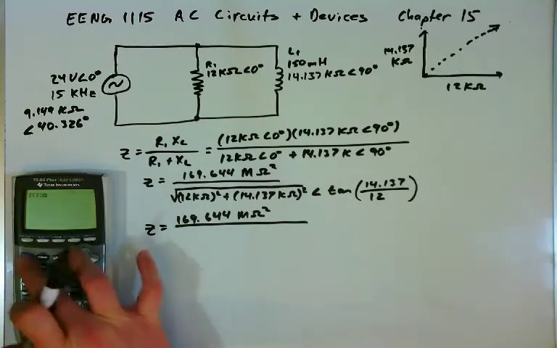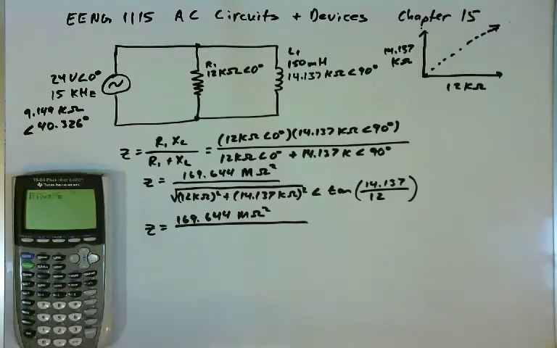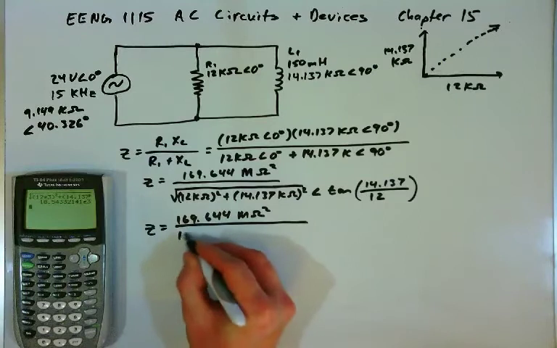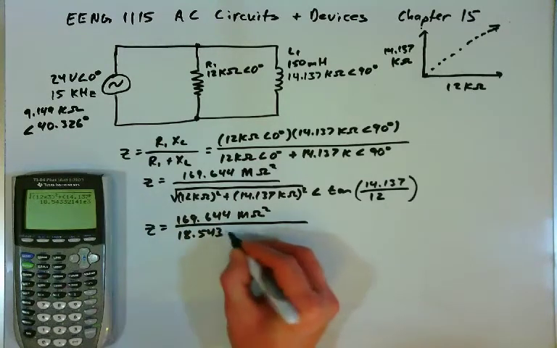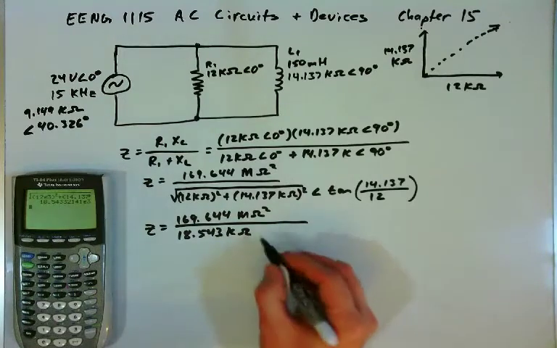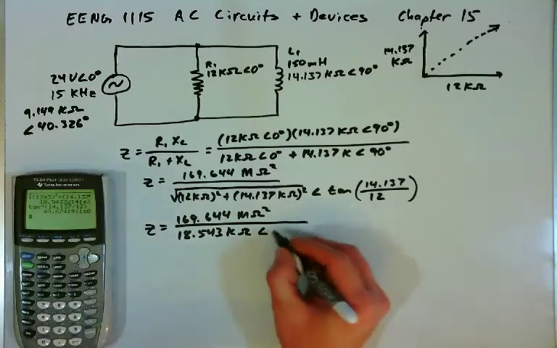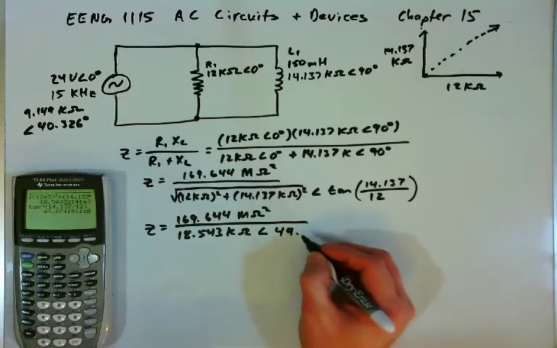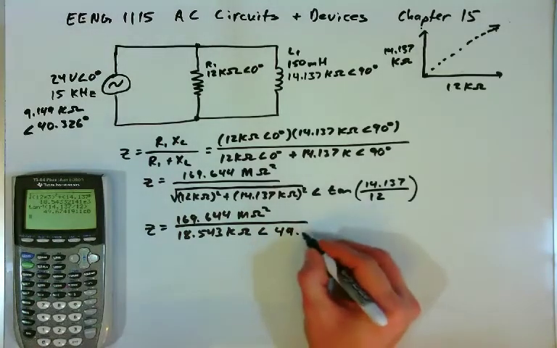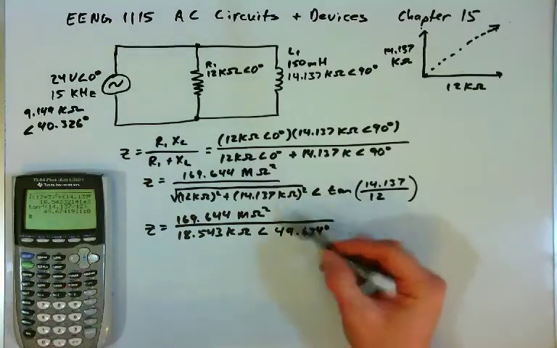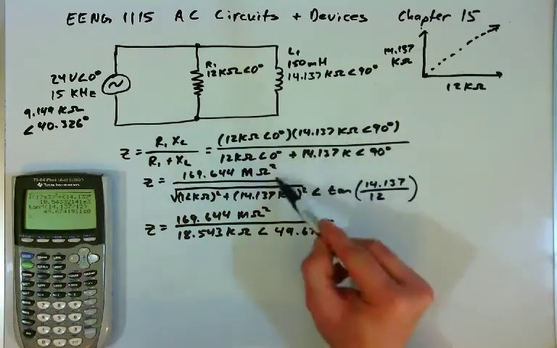Square root of open parentheses 12 kilo close parentheses squared plus open parentheses 14.137 kilo close parentheses squared, and the magnitude will be 18.543 kilo ohms, and the angle will be the inverse tangent of 14.137 divided by 12, and we get 49.674 degrees.